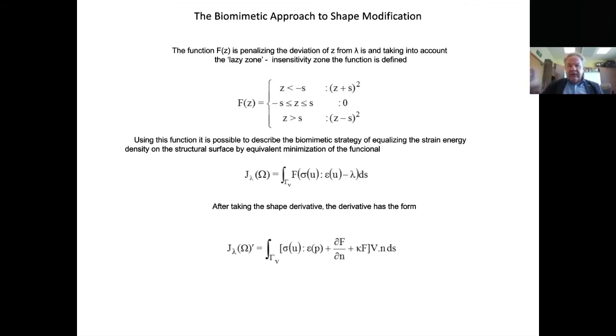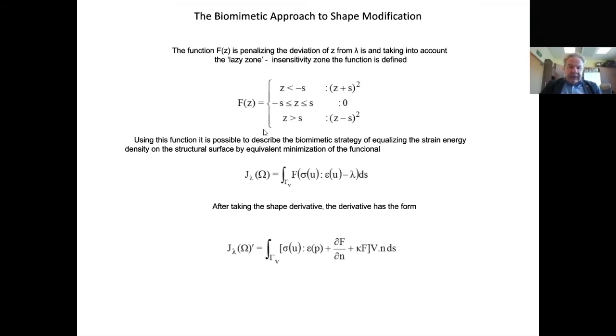Now I would like to show you that we can use it for a multiple load problem, because of course our bone is just the answer for many different loads or different load cases, and the structure is one. So how to produce a good structure? We use the assumption about the lazy zone.